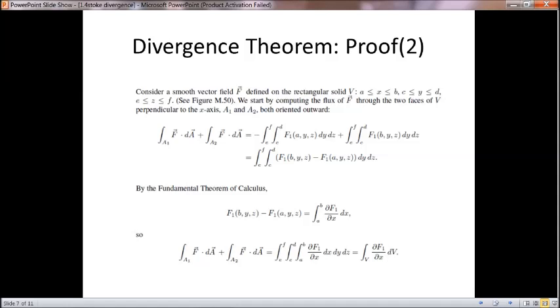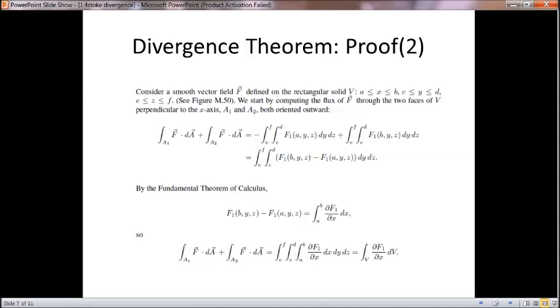So it can be written as the integral of E to F, integral of C to D, taking this common because the derivatives are with respect to Y and Z in both the integrals: F1 of B, Y, Z minus F1 of A, Y, Z dy dz.